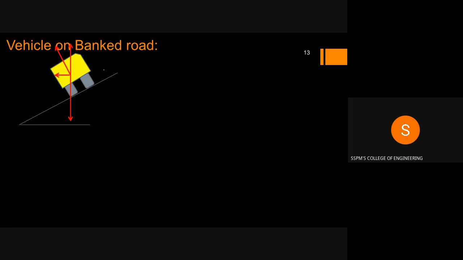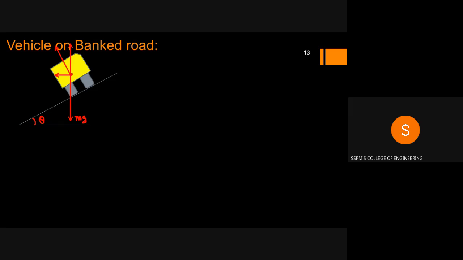Next is the vehicle on the bank road. So here the vehicle is shown, which is moving on the bank road, and the angle of banking for that track is theta. This is the weight mg acting in the downward direction.